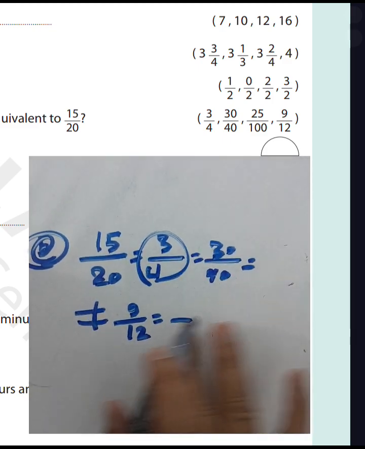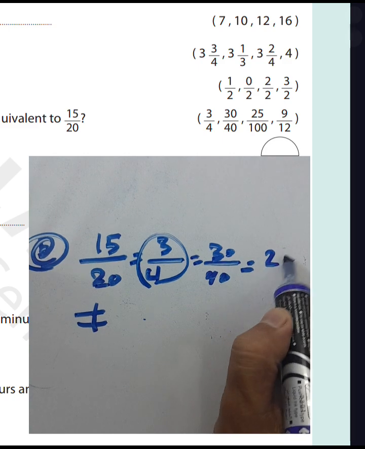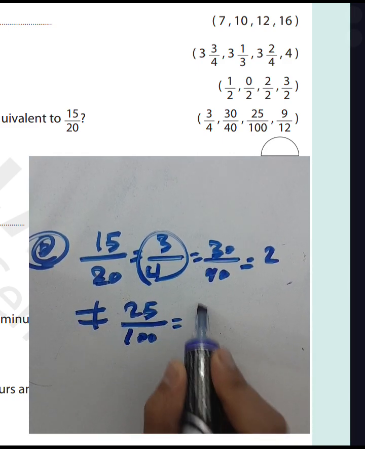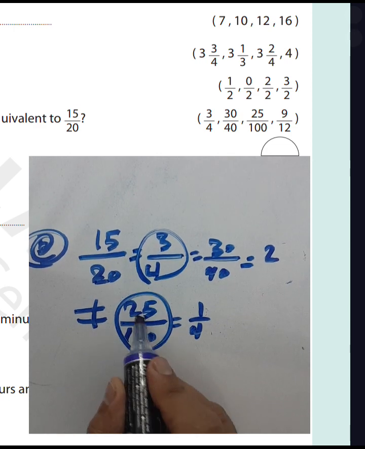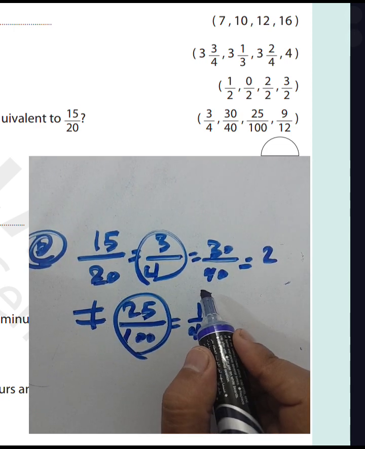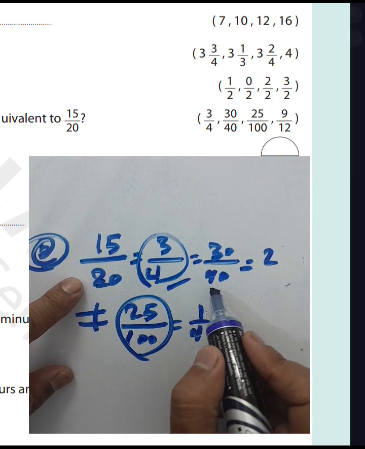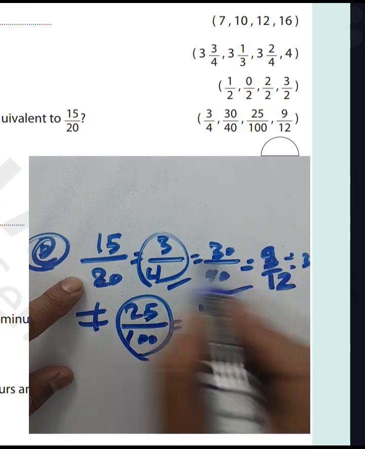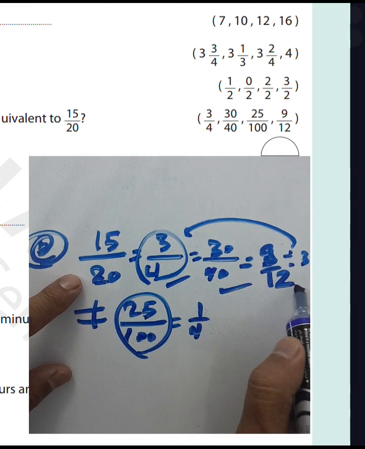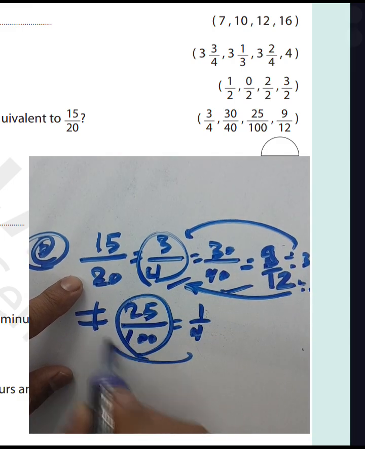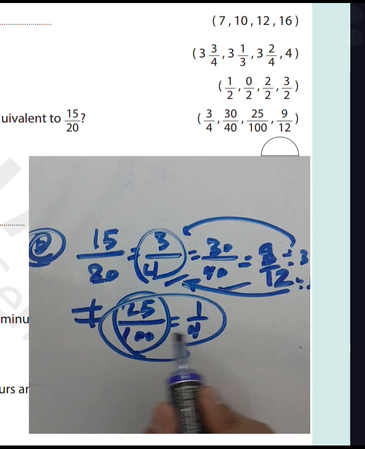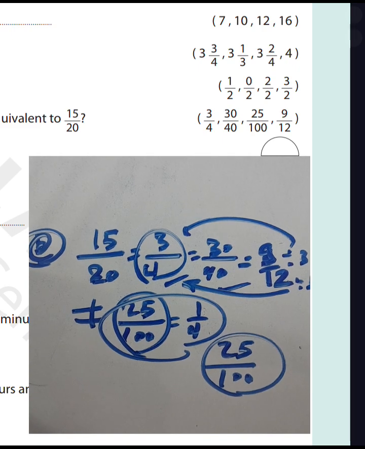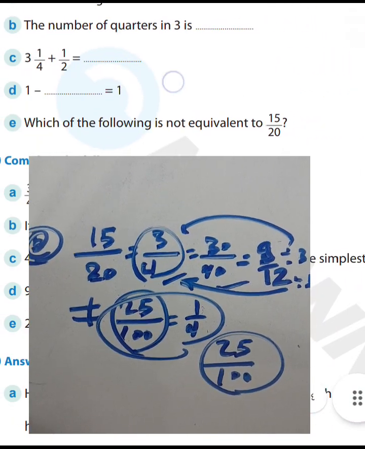It's 25/100 that is not equivalent, because this number will be 1/4. 25/100 will be one fourth, and we have 15/20 equivalent to 3/4, 30/40, and 9/12, because 9 divided by 3 equals 3 and 12 divided by 3 equals 4. Then you must write fourths. Here choose 25/100, not equivalent to 15/20.